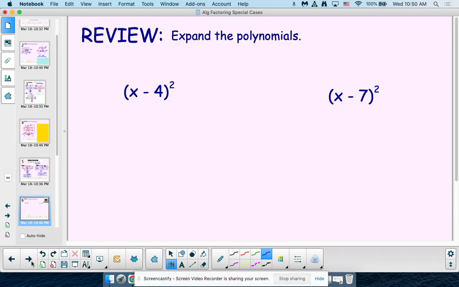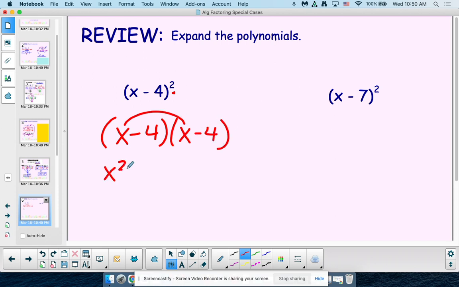Let's bring it back one more time. So now this time, instead of a plus sign, we have a minus. So don't forget, this means that you're taking it times itself twice. So if we FOIL it out, we're going to get x squared, negative 4x, plus 16.